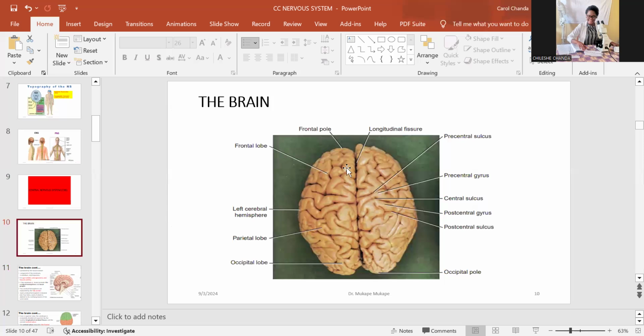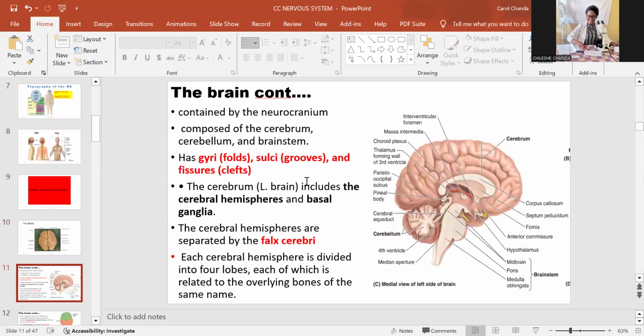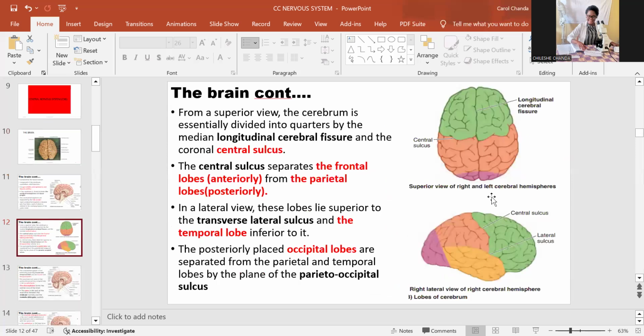That one is from a meninge known as the dura mater, and it just comes and is between the two hemispheres. Each cerebral hemisphere is divided into four lobes, each of which is related to the overlying bones of the same name. Remember when we did the bones of the skull?